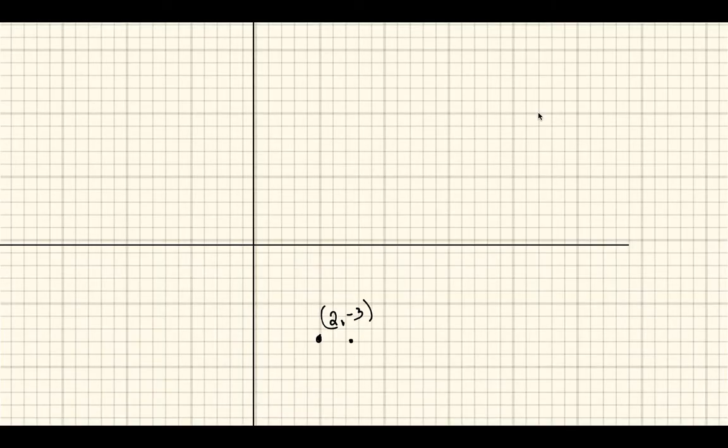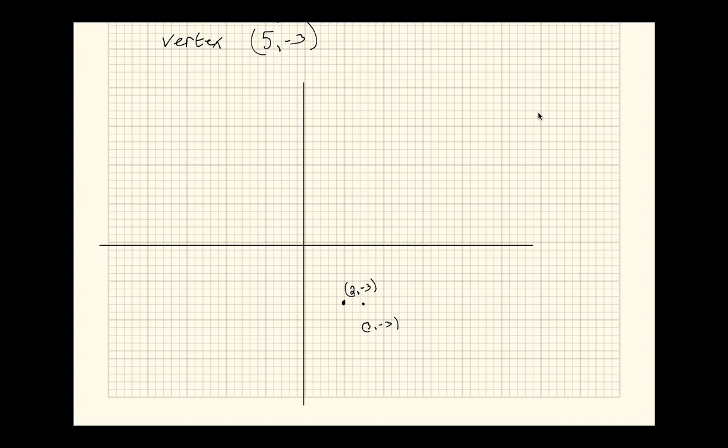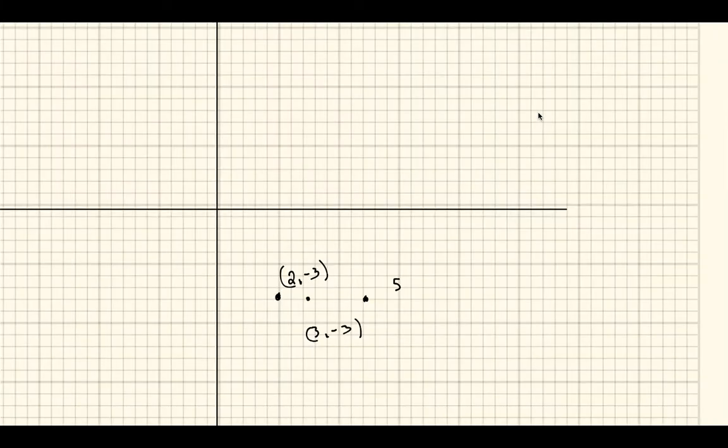Call that right there, (3, -3). And it says we have a vertex at (5, -3). Right here. Okay, and this should kind of tell me where everything is going to be.